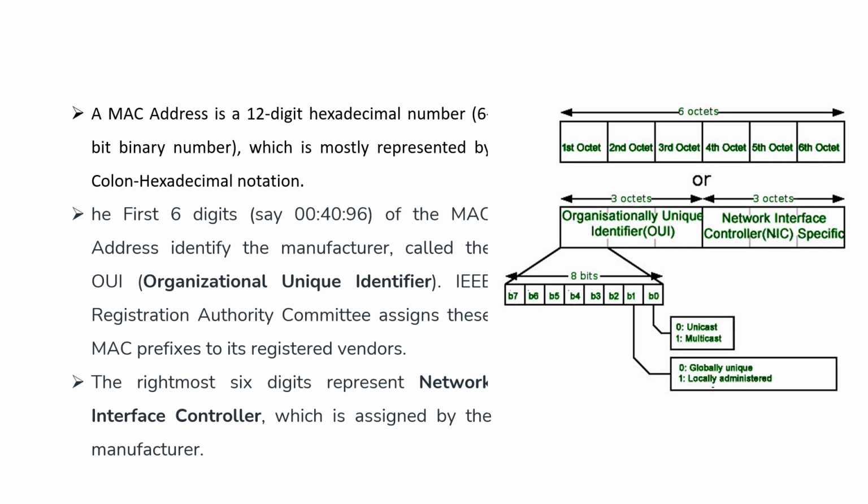IEEE assigned this OUI number to the organization. The OUI number of an organization is fixed, and the other 3 bytes are reserved for the device. It is unique in every device.